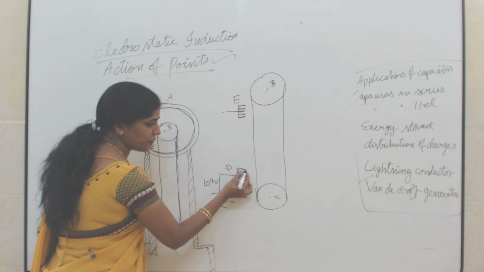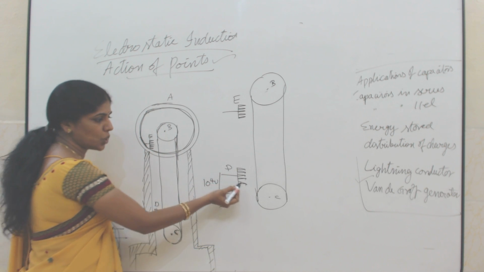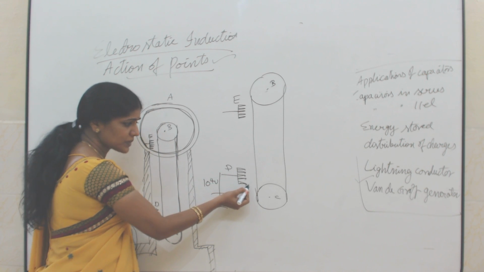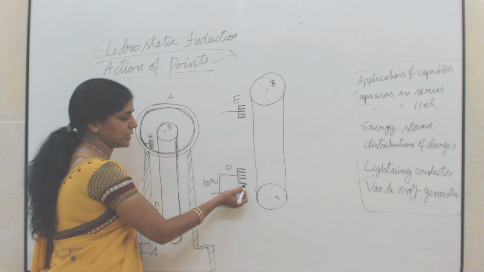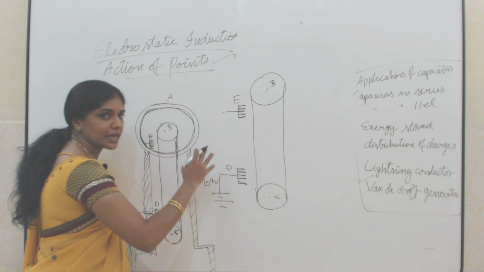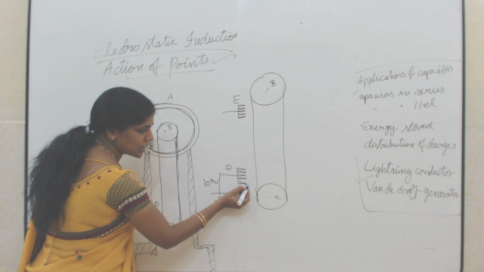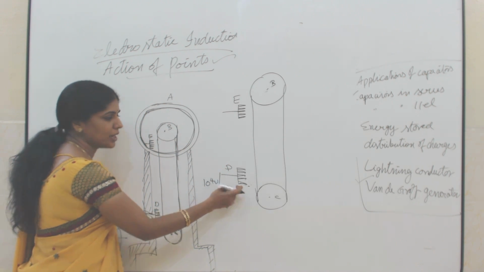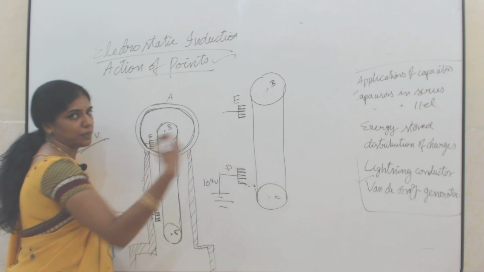Due to the action of point, more charges will be stored at the point. This is very close to the silk belt. Now, the air surrounding this pointed end will get ionized, and negative charges will be attracted towards the sharp end and the positive charges will be repelled away.